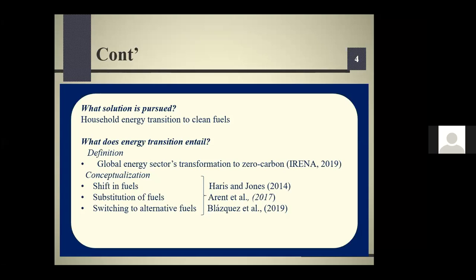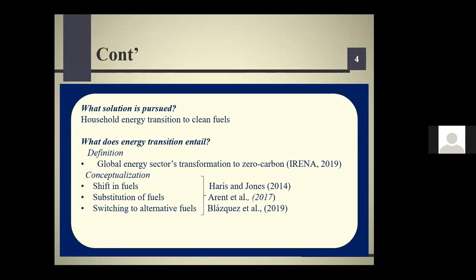Now, what is this entire transition about? We need to try to define this and then look at different dimensions of the conceptualization of energy transition.